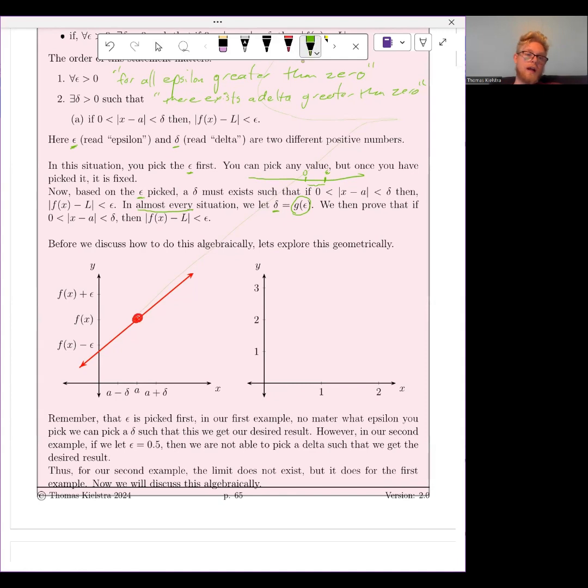Now, if we draw dotted lines going up, and I take this section of the curve, every point except for a lies within this band here.